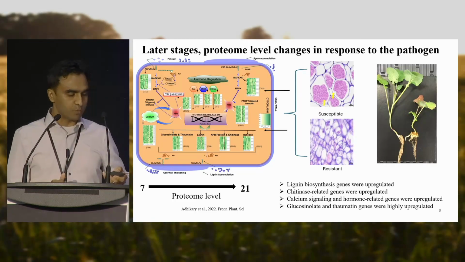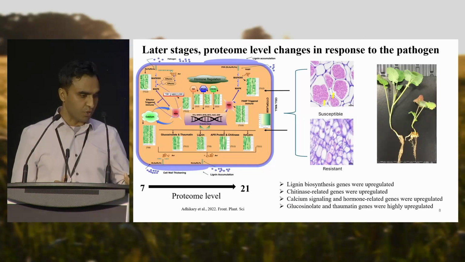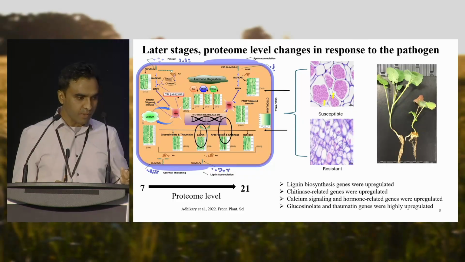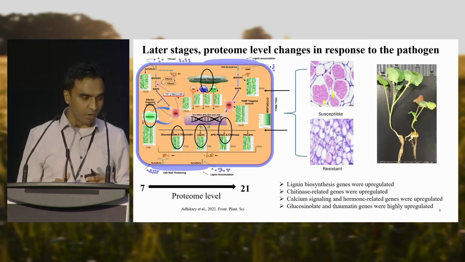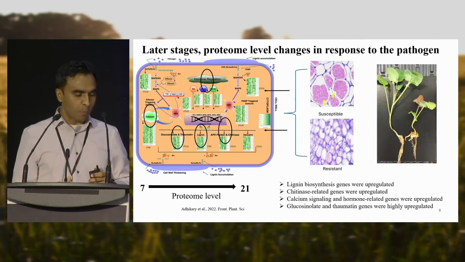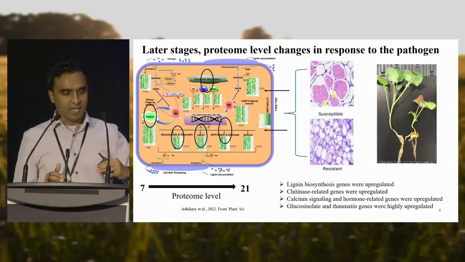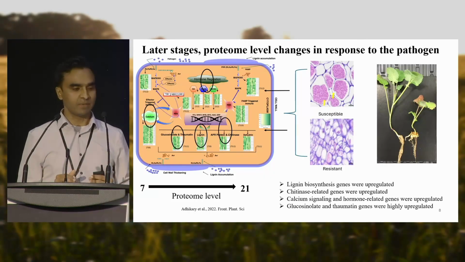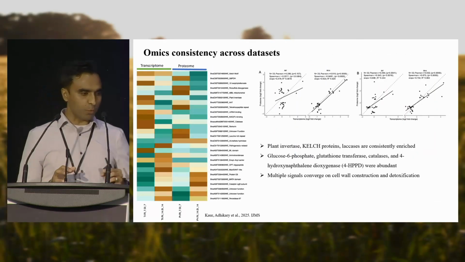When you compare those two genotypes, in this case those two lines, again we saw quite a bit of genes and proteins involved with lignin show up. Again, the calcium showed up. Hormones also, there are quite a bit of genes involved in the process. So basically, there's a consistency between the studies of early days and later days, but uniquely, genes involved with cell wall were highly, distinctly upregulated in both processes. We also did a combined approach.